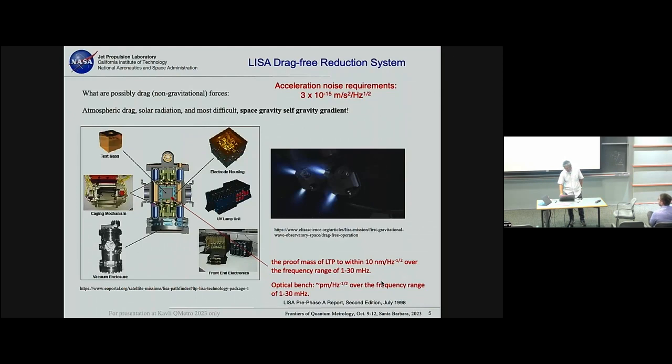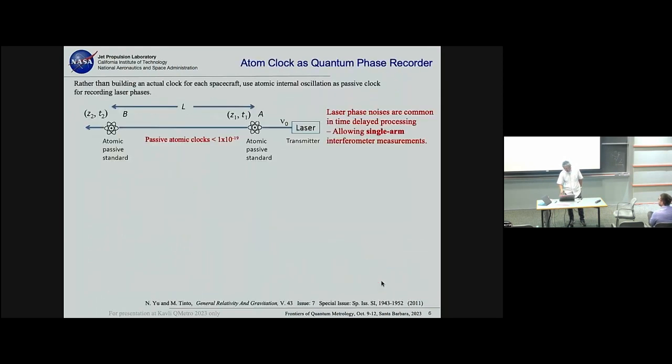Anyway, now I'm going to talk about the clock. So now you have a better clock, let's say a 10⁻¹⁹ clock. What can you do in terms of gravity measurement? Well, you do exactly the same thing. Because you have a local clock, you can compare with your lasers.